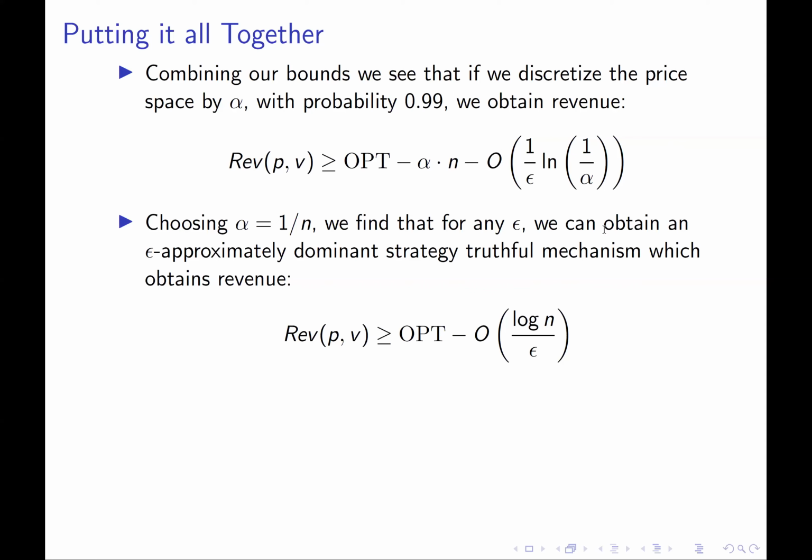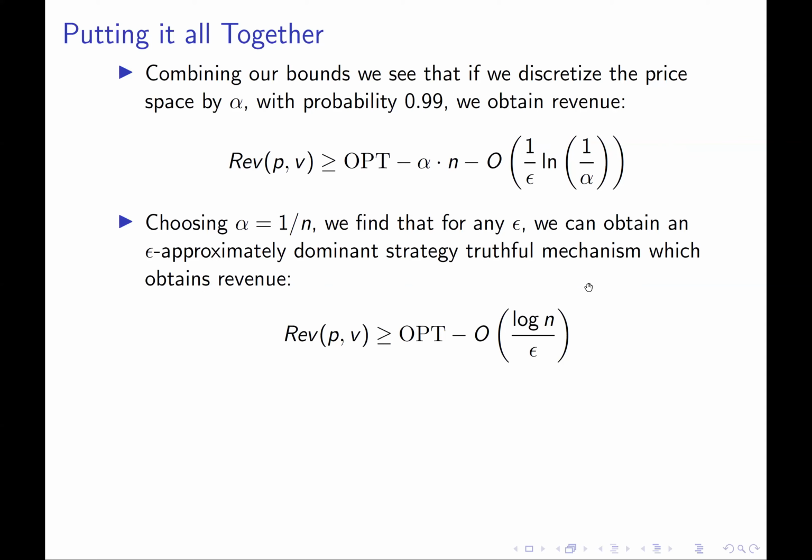Okay, so let's reflect on this bound for a moment, because remember, the best bound we got using techniques that gave us exact dominant strategy truthfulness was opt minus square root of n.